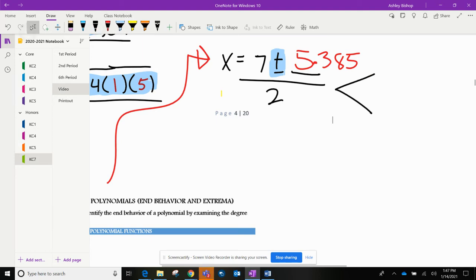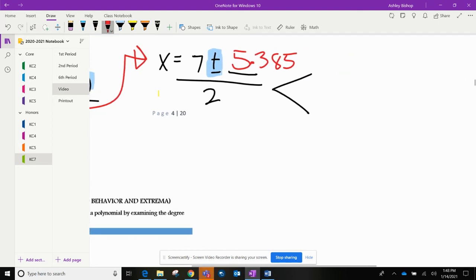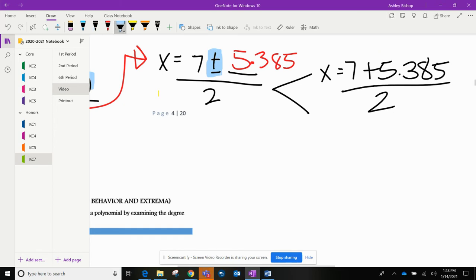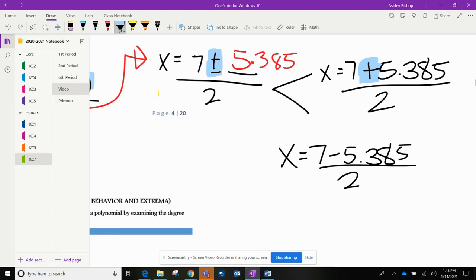This plus or minus can get separated into x equals 7 plus 5.385 divided by 2. So here's plus. And then we separated it to also have x equals 7 minus 5.385 divided by 2. Okay, so that's how you get your 2 answers.